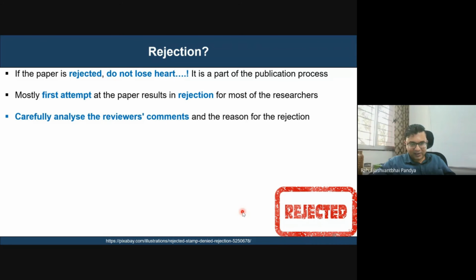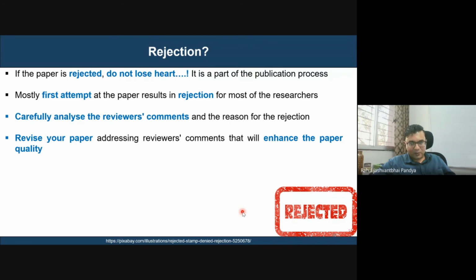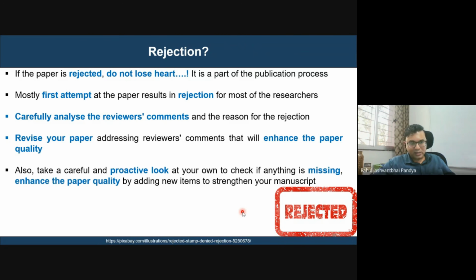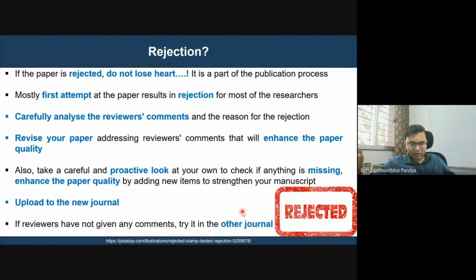So then we have to carefully analyze reviewers' comments, build our understanding, revise the paper, enhance the quality, and then put it through another journal. We can take a proactive look at what I have missed, any missing things, enhance the paper quality, work quality, and then upload it to a new journal or conference, and then get it through, right? So never lose heart in that.